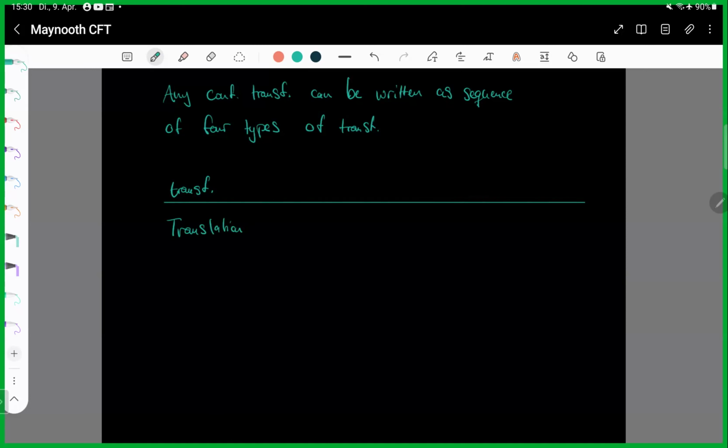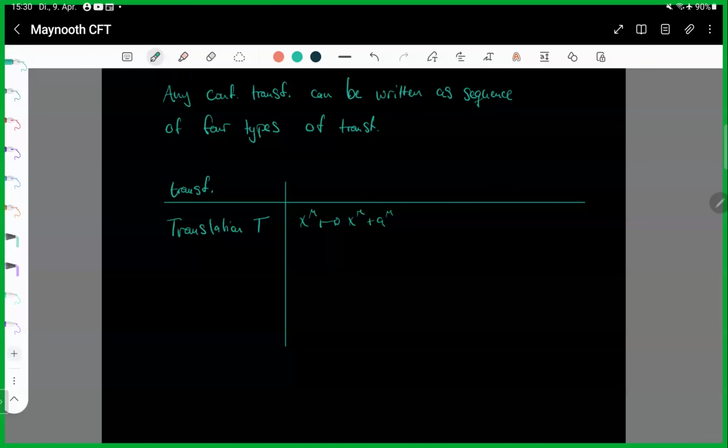I'm going to give the translation a name, I'm going to call that T. Well, what does a translation do? A translation takes a coordinate x and maps it into x plus a constant, where a is a constant Lorentz vector.